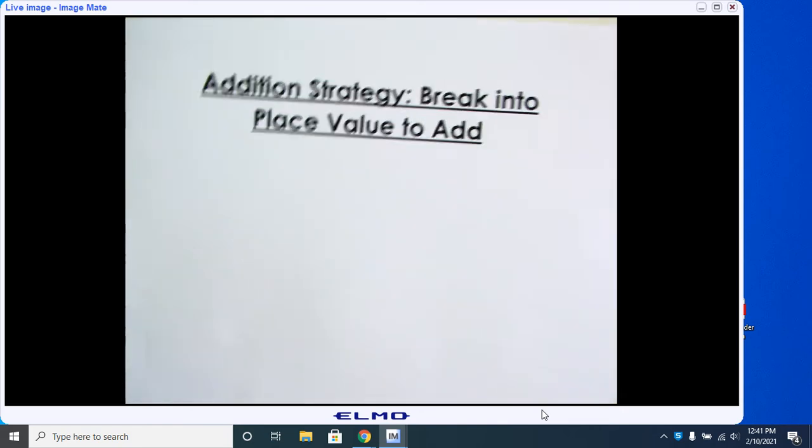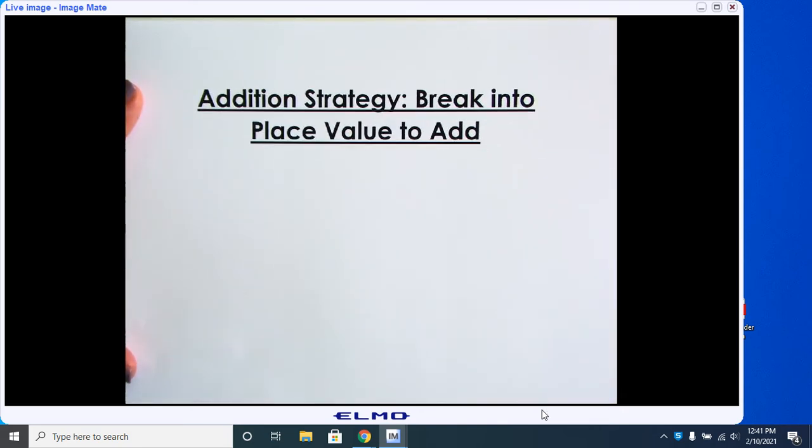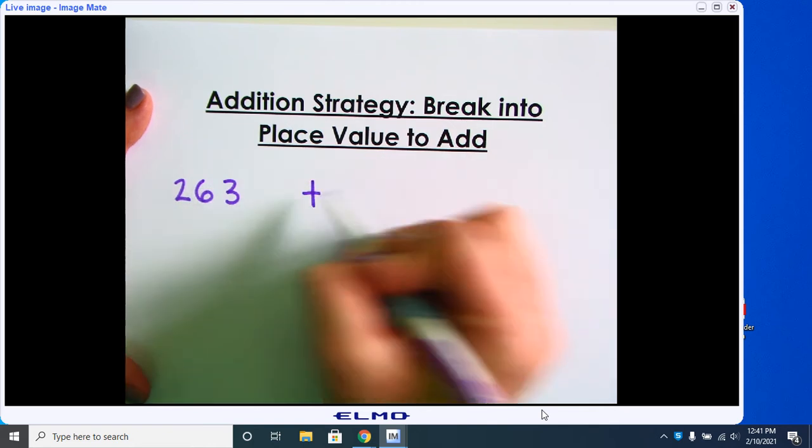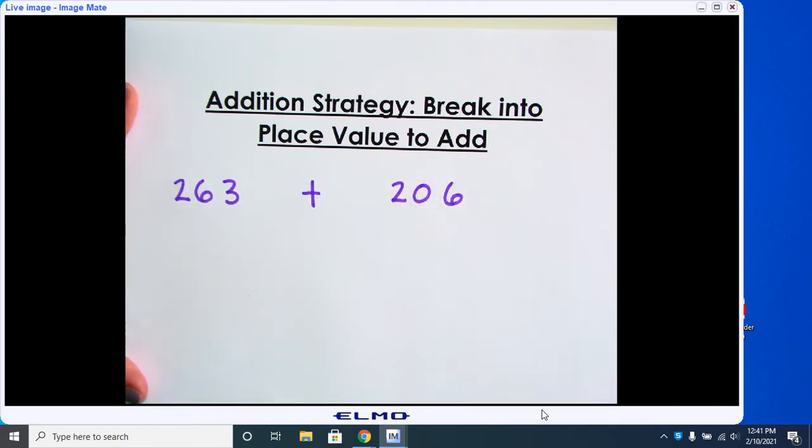All right, the second strategy we're going to talk about is called breaking into place value to add. The way I'm going to do that is I'm going to start with a problem. The problem that I am going to use is 263 plus 206.